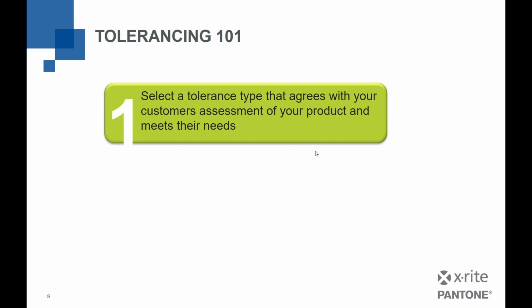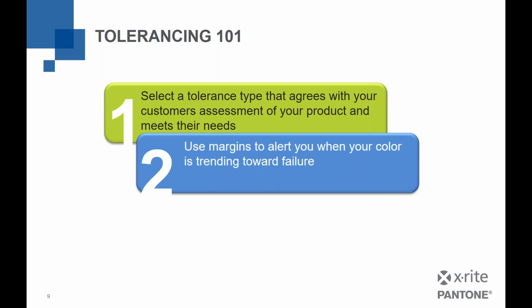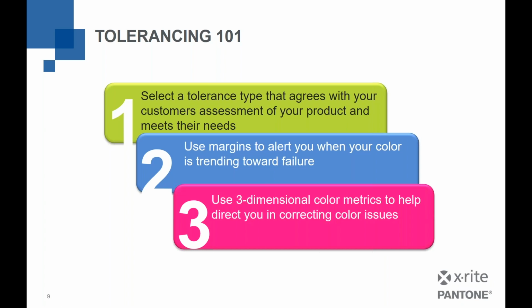Okay, so in combining those things, we end up with a tolerance type that agrees with your customer's assessment of your product and meets their needs. That's the first key. Second one is to use margins to alert you when you're starting to trend towards failure, should that happen. And then lastly, you want to use the three-dimensional color metrics like LAB or LCH to help direct you in correcting a color issue.